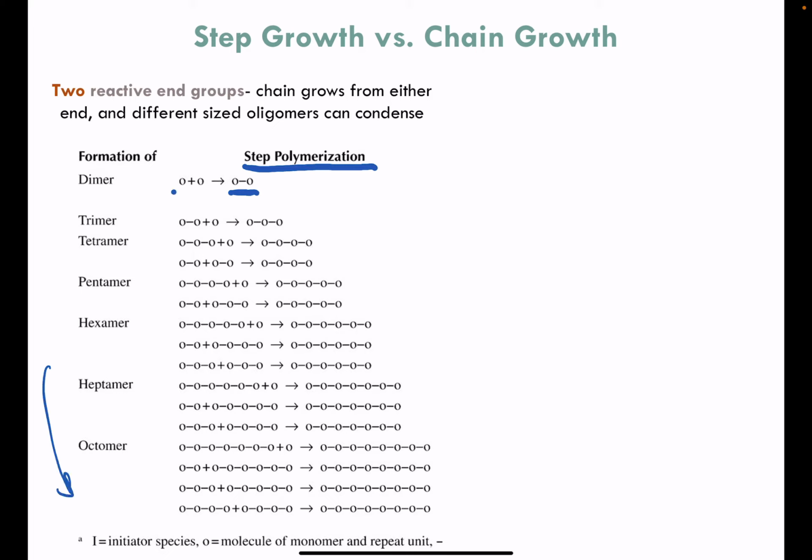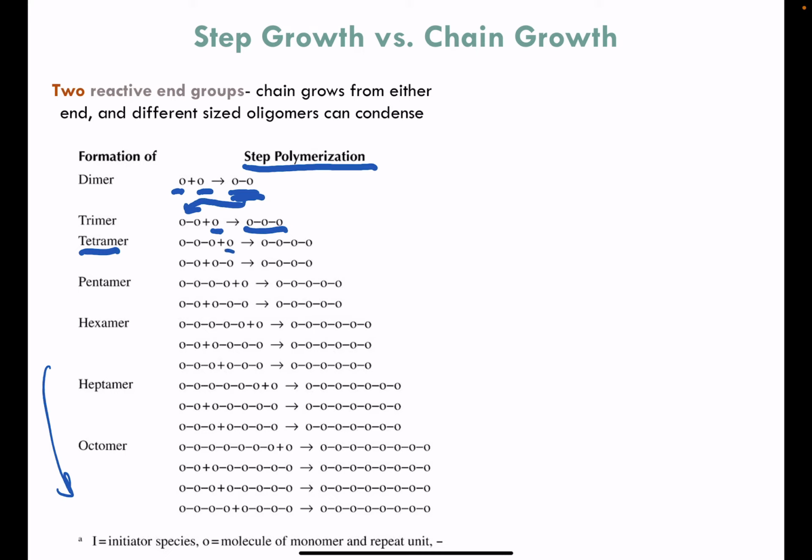So here a diacid could add with a diamine to give us our first generic dimer, as we see here. Trimers can form, so we would take that dimer and we would react it with yet another monomer. And so here a trimer can form. Tetramer formation might follow. So here that trimer can add a monomer.